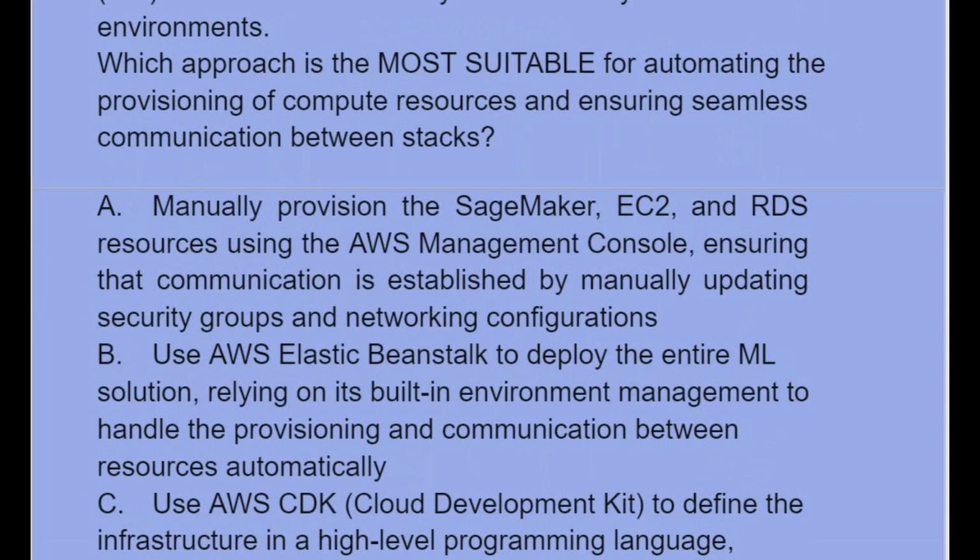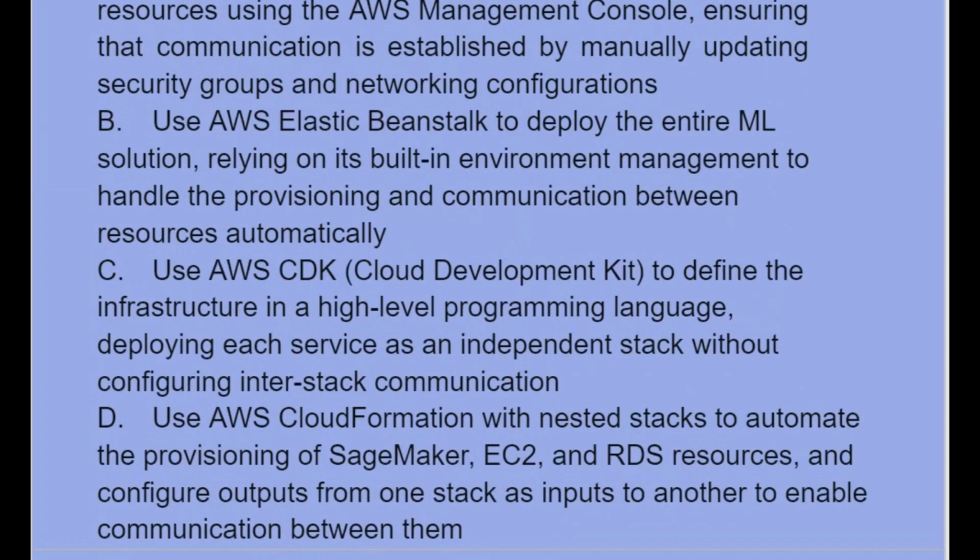Option A, manually provision the SageMaker, EC2, and RDS resources using the AWS Management Console, ensuring that communication is established by manually updating security groups and networking configurations. Option B, use AWS Elastic Beanstalk to deploy the entire ML solution, relying on its built-in environment management to handle the provisioning and communication between resources automatically.